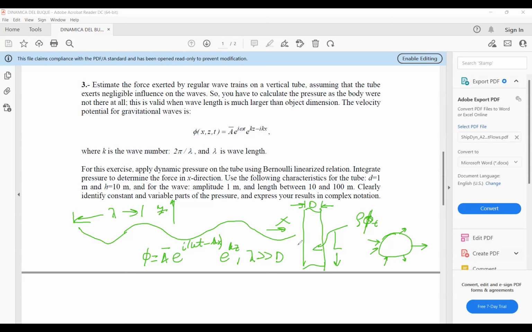Okay, so let's assume that it is very deep water. Again, on the deep floor, it's a good idea to check that the velocity in the vertical direction is null, is zero. For the free surface, remember, immediately you think about the dispersion relation.